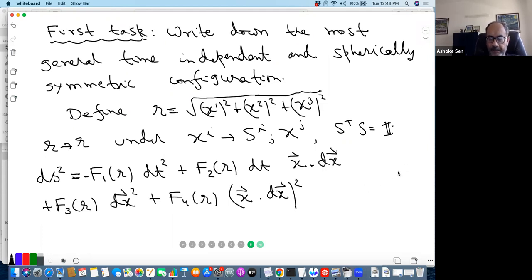Where this dot basically means sum, right? x dot dx without any metric.